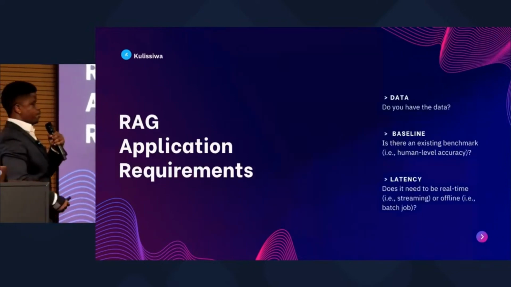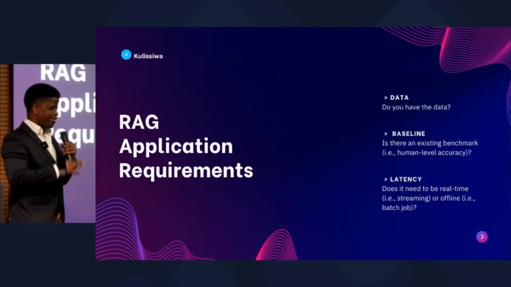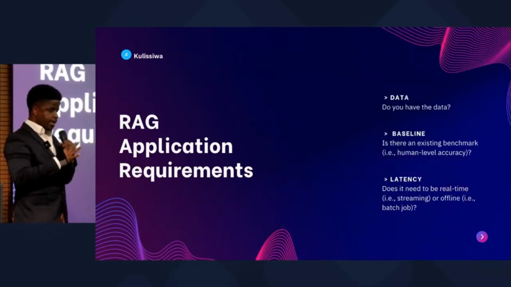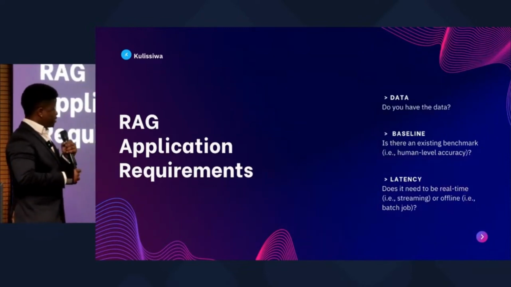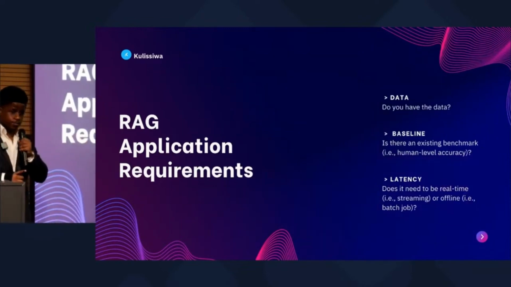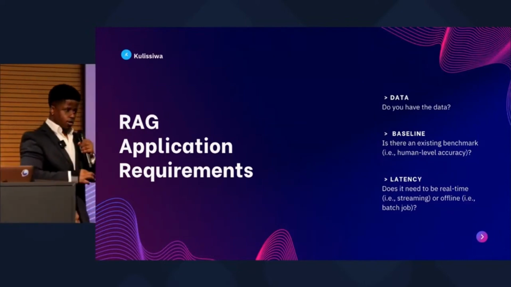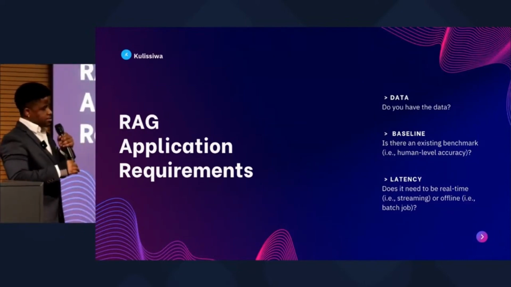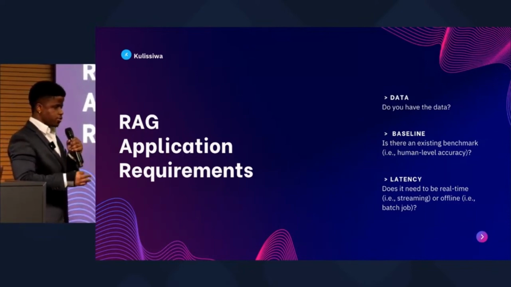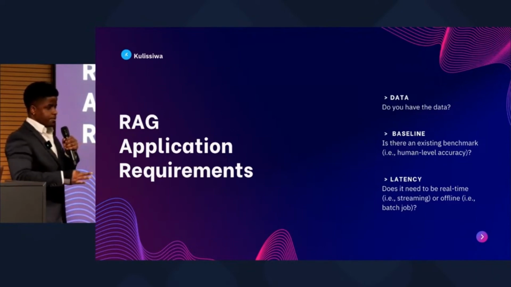So now, when you're building a RAG application, there are 3 things that you can think about when you're getting started. First is data. Do you have the data? That's the first question you should ask. Of course, in some cases, it's not truly relevant because these models are versatile, like we explained before. But if you do have the data, your way of approaching this problem is a bit different.